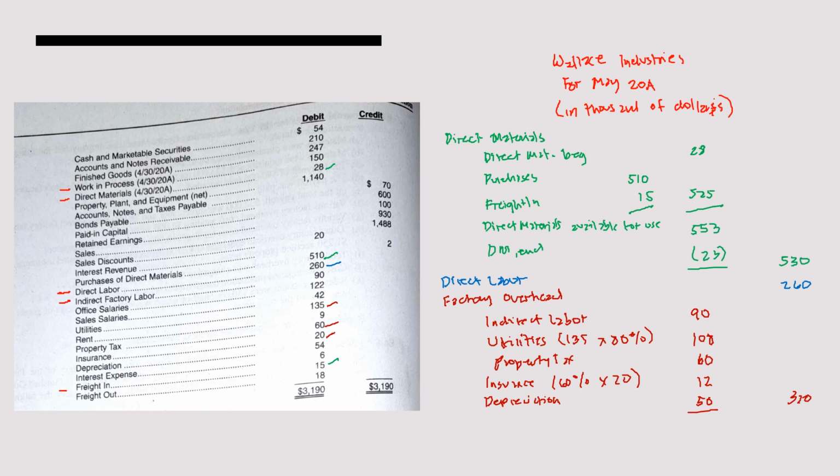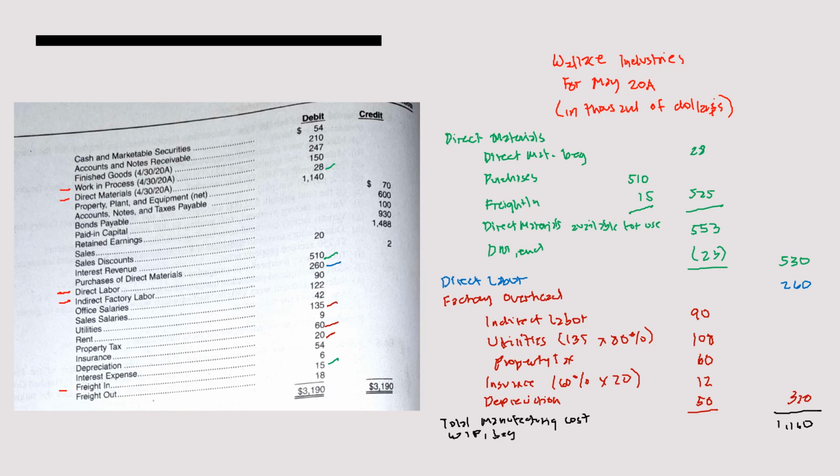So we add this 3 up. So this is our total manufacturing cost. So 530 plus 260 plus 320, that's 1,110. And then we add up the work in process beginning.